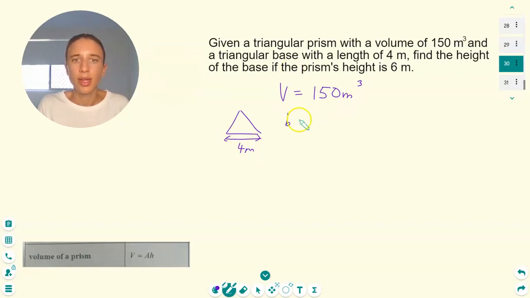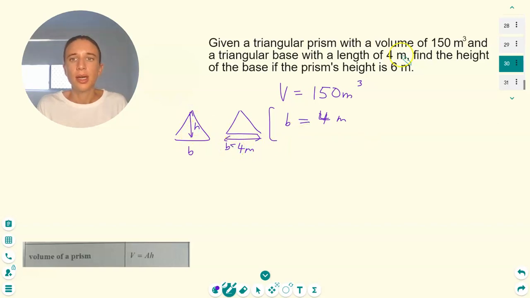Because we're dealing with the triangle, I'm going to call that B, because base times height, right? So we got that. Find the height of the base of the prism. That's what we're trying to find.